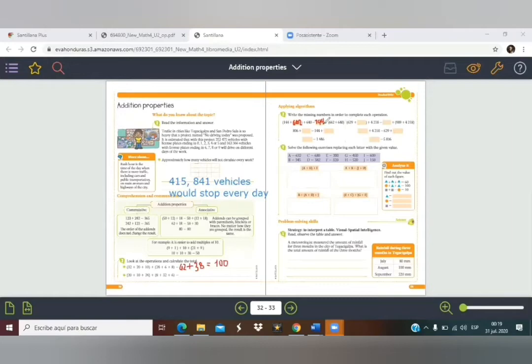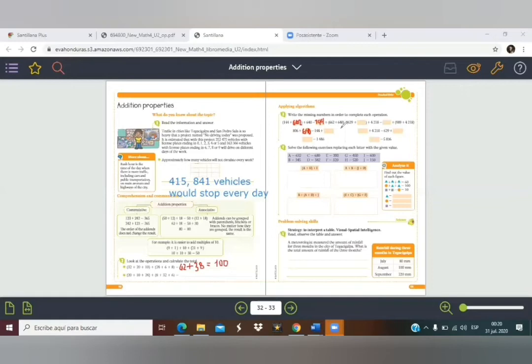Now we are going to add the numbers. As you can see here, we have the sum of both numbers. 144 plus 662 is equal to 806. Plus, you have to write this number, 640. Is equal, what is the number that is missing here? The total of 662 plus 640, right?